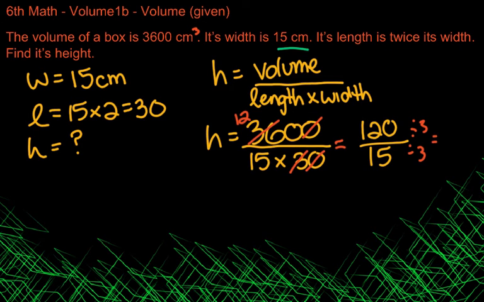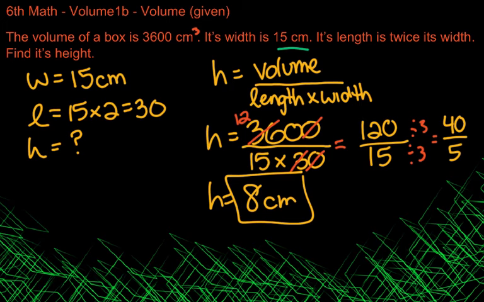It's a little bit easier for my brain. I don't know. It's the morning right now for me. So that's 40, and that's 5, and then I could do a very pleasant division of 8. So 8 centimeters is the missing length. Great job if you got that.